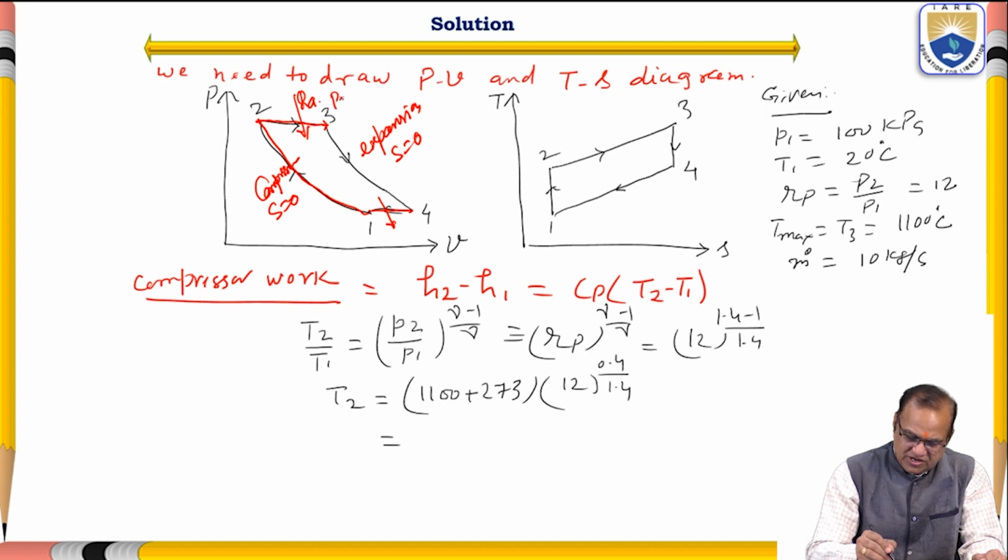Here P is a constant, and here also P is a constant. Isobaric process.